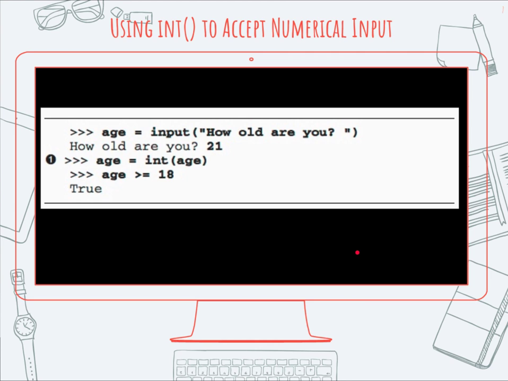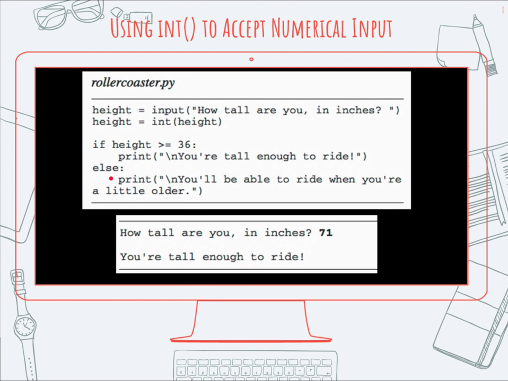The int function converts a string representation of a number to a numerical representation, which we see here. We enter 21. The value converts it into an integer, and we can now compare it to the number 18 and get an accurate response to our conditional test. Of course, if we wanted to print that out, we'd have to convert it back to a string.